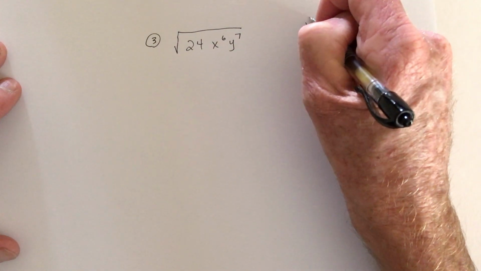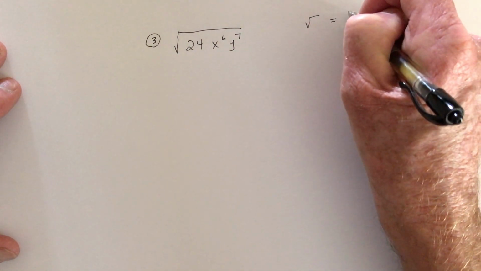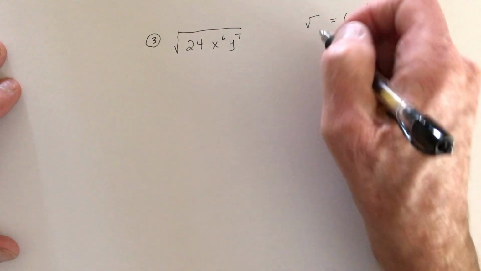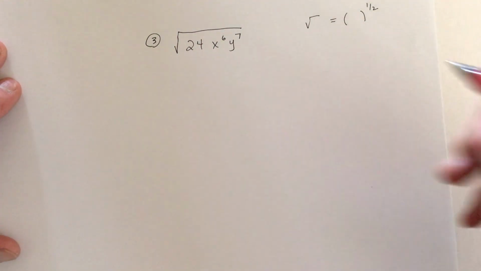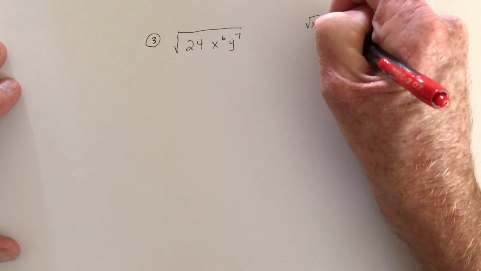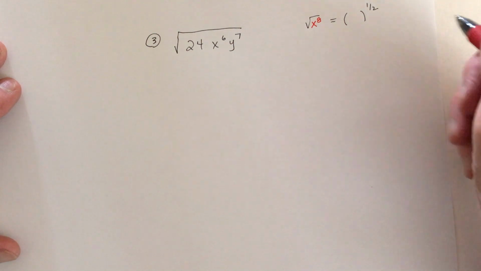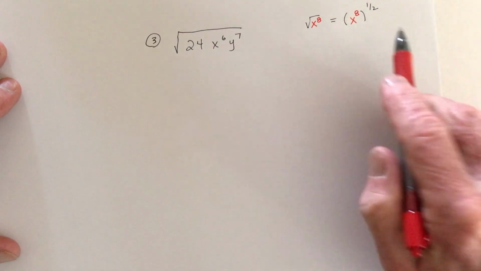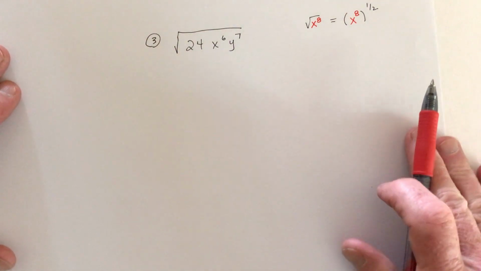Because square root can be rewritten as the 1/2 power, that means if you have something like, let's just make something up, x to the 8, then you can rewrite that as x to the 8 in parentheses and then raise it to the 1/2 power.